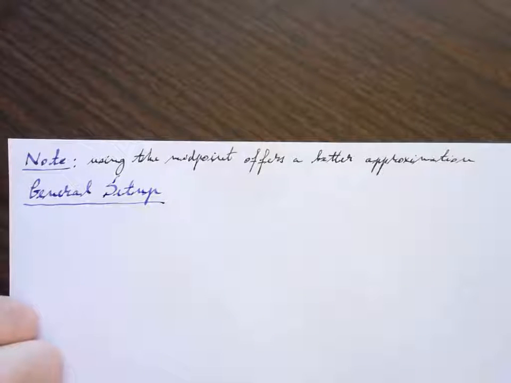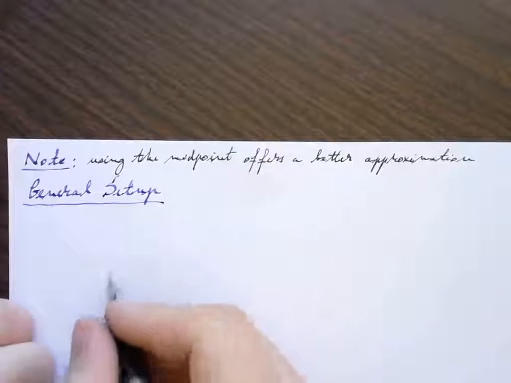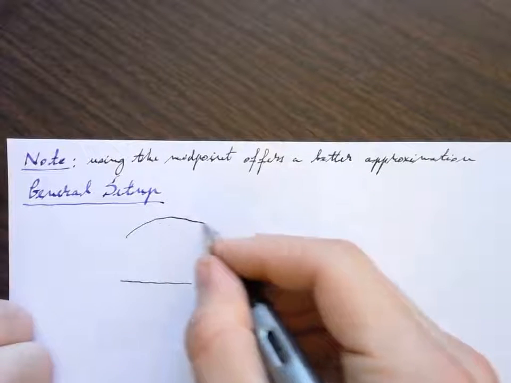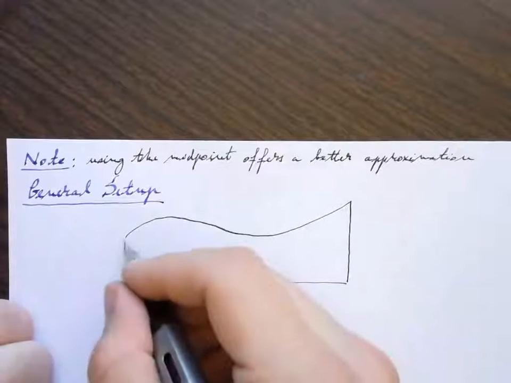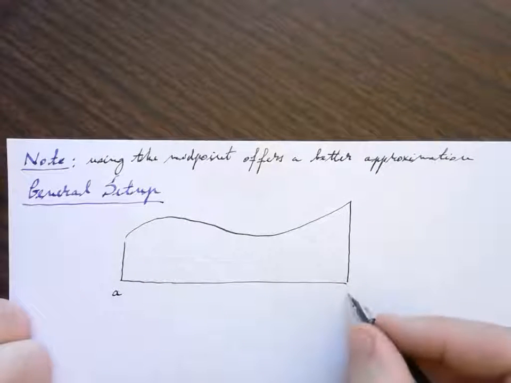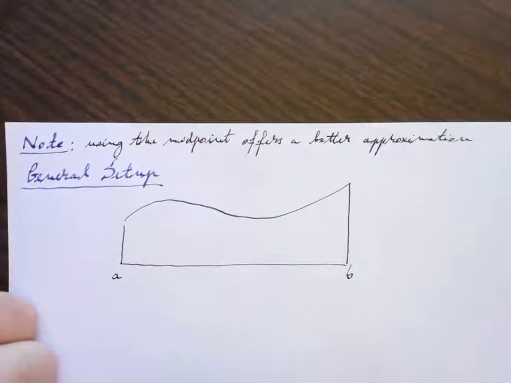And what we have is this, right? We have to find the area under some curve using rectangles, and I'm looking at it between x equals a and x equals b.